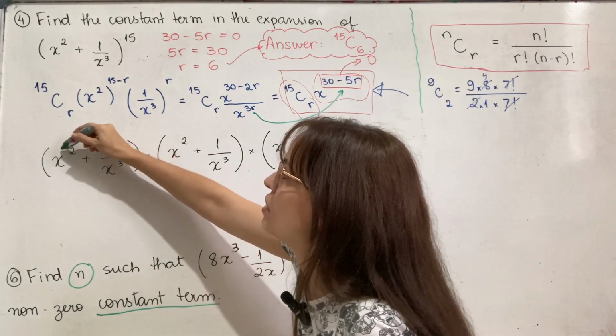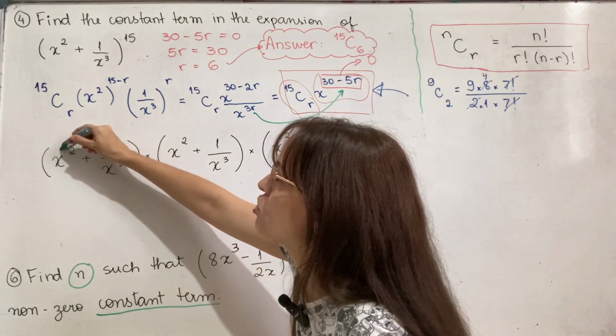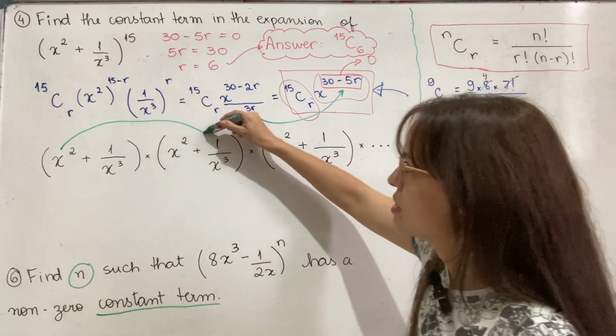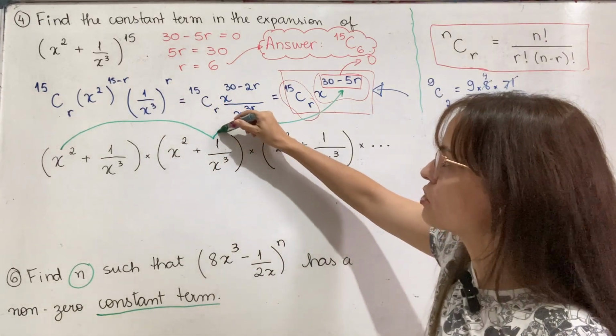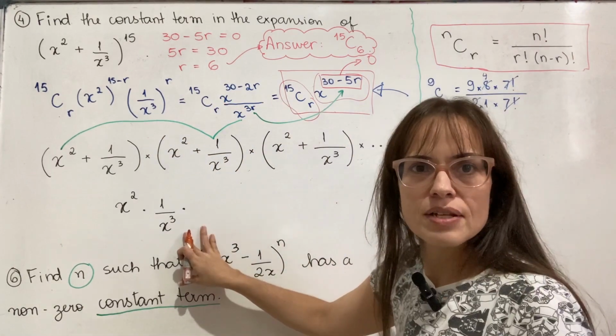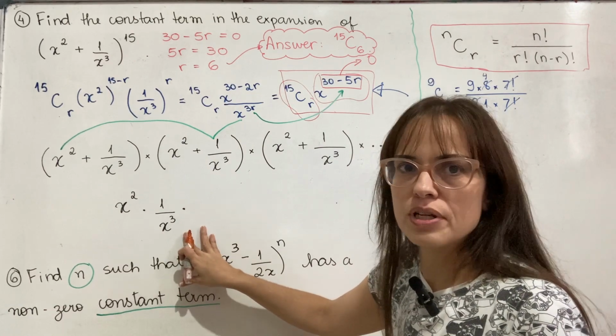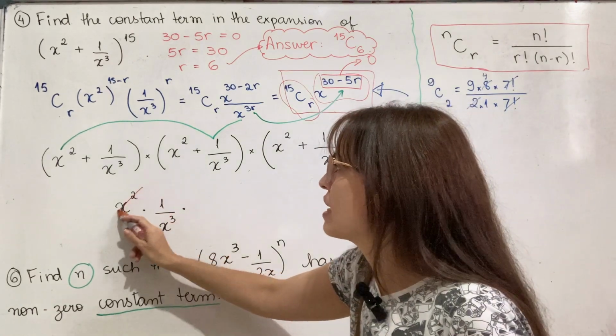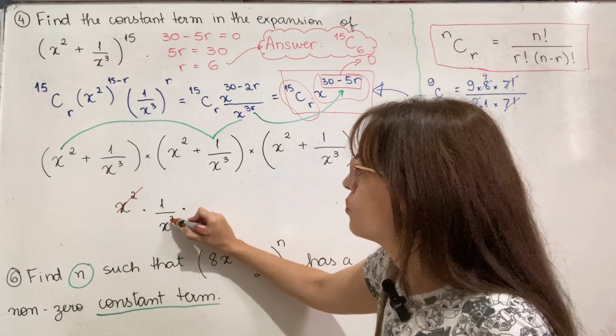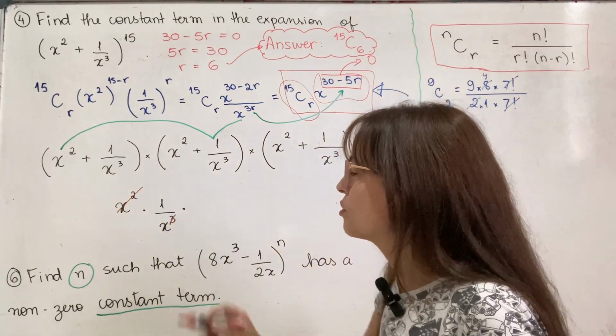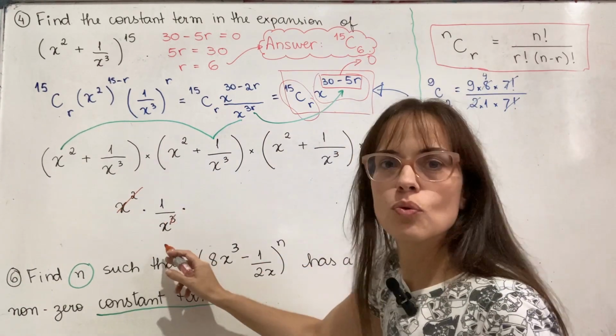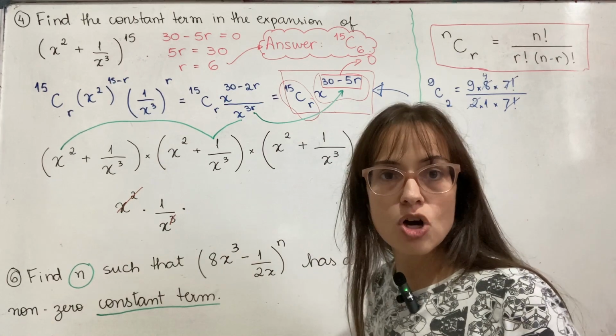So for example, if I start by choosing the x to the power of 2 times the 1 over x to the power of 3, well, there is a little bit of cancellation going on here, right? We can cancel this x squared with 2 of these on the bottom and that just leaves 1 over x, but that is not a constant term.